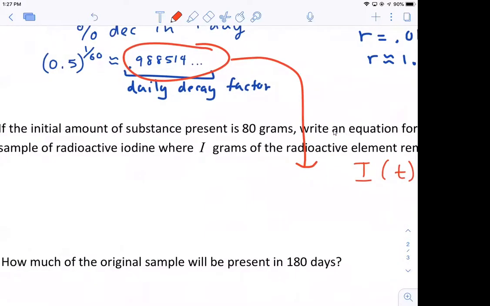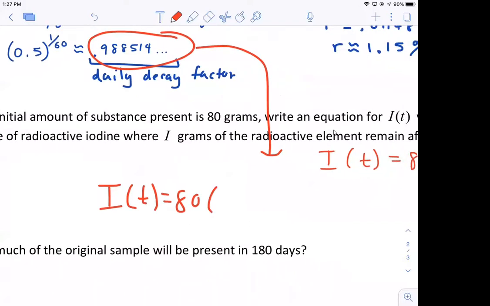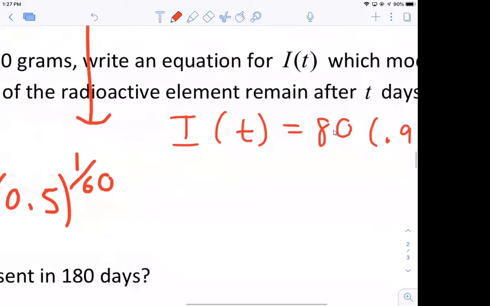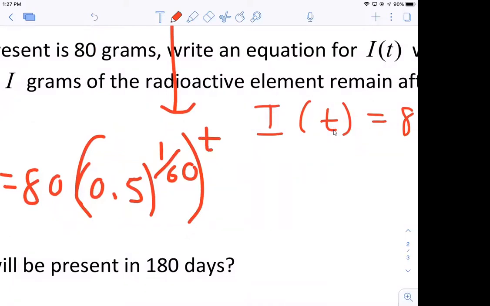So we can also write this as I of t equals 80 times 0.5 to the 1/60, that's this guy, and that's going to be to the t power. If I raise this to the t power, I know I can multiply the exponents.